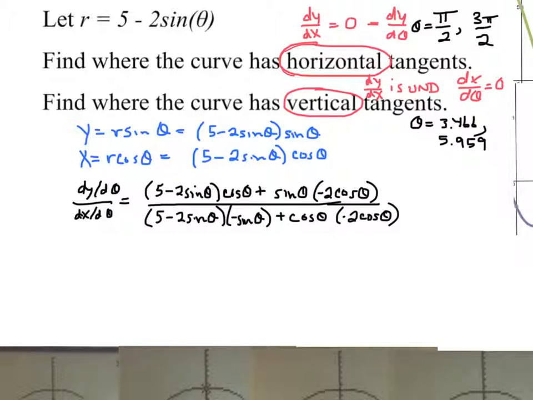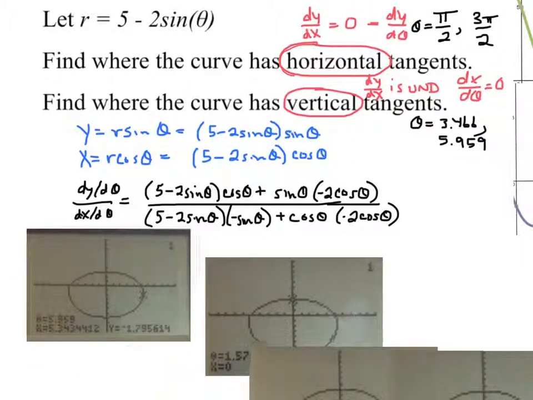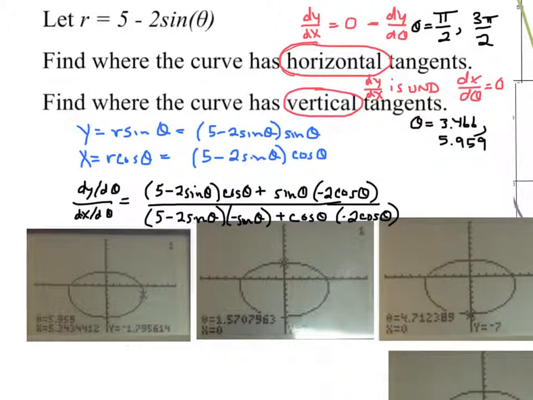And what I wanted to show you here at the end is just how this did work out. So if I plot those, and I may have to shrink them down as I go here, I graphed those on my calculator, and you can see that when I asked for the value at 5.959, I got the spot where there's a vertical. When I asked it to give me the spot where theta was pi over 2, I got a horizontal.